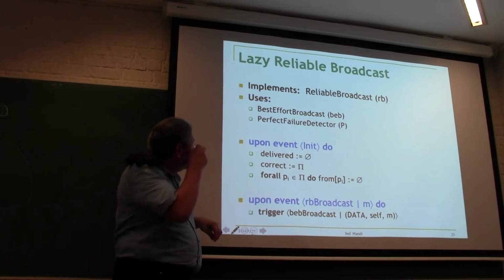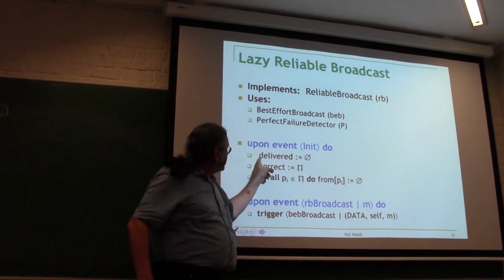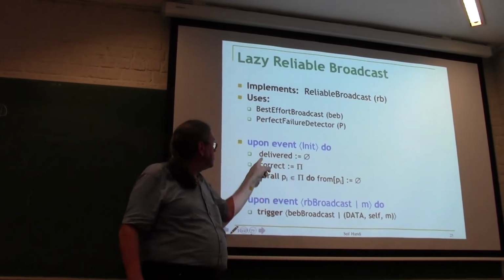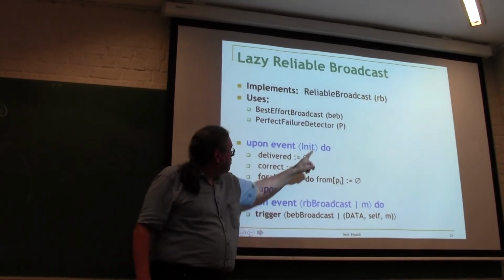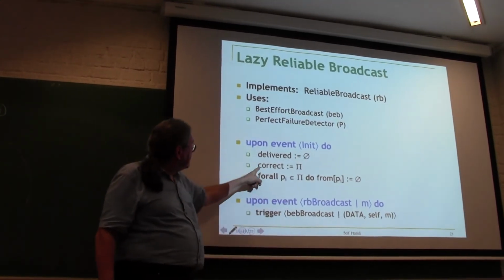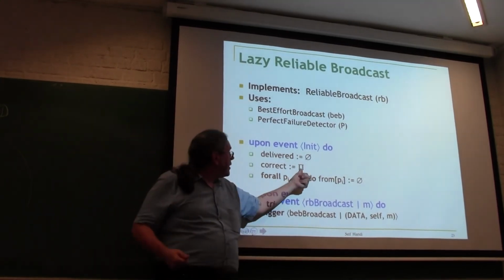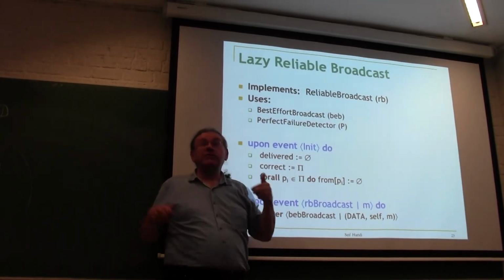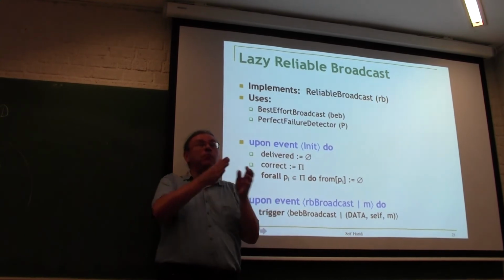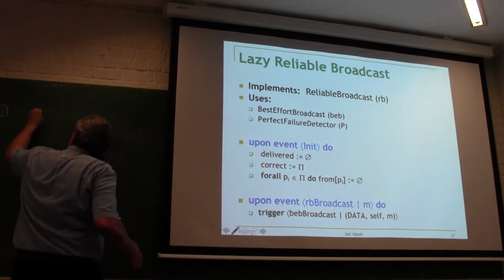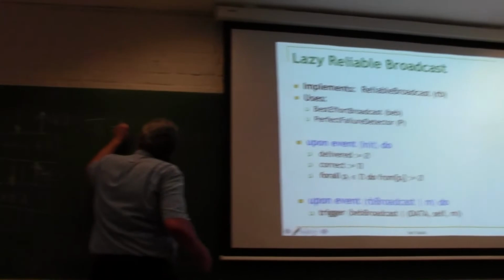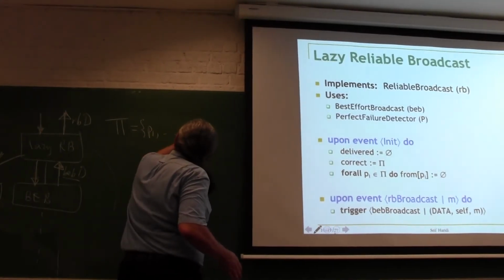You'll see what they do. So delivered is basically for removing duplicates. These are all the delivered messages. It's an empty set, star. Correct is all the nodes that have not crashed. Capital Pi is just the set of all the node names, P1 through Pn. So whenever I write Pi, it'll be P1 to Pn.